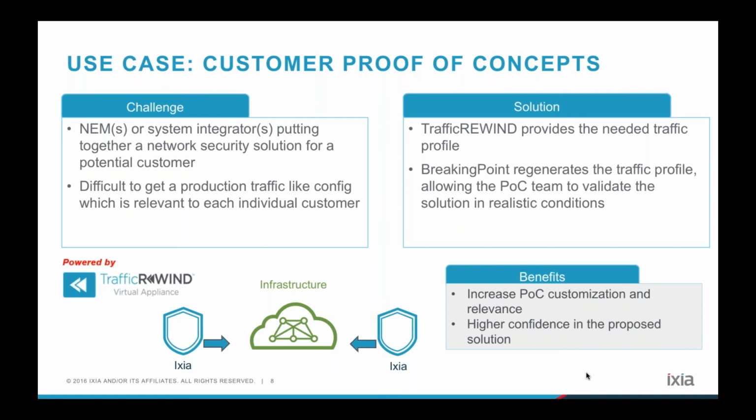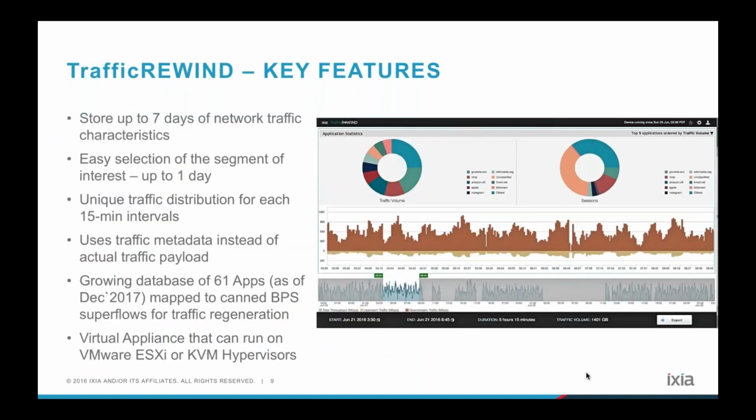Sure, Corey. But first, I would like to take this opportunity to quickly summarize the main technical aspects of TrafficREWIND. I would first start with the fact that TrafficREWIND can currently store network traffic characteristics for up to 7 days. Then out of those 7 days, users can easily select the segment of interest, which is up to 1 day, and that segment can be regenerated with BreakingPoint, as Yang just showed earlier.